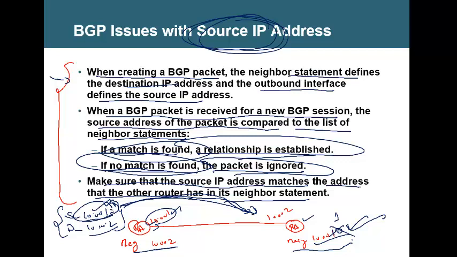So, when router B receives this packet for a new BGP session, the source address of the packet is compared with the list of neighbor statements. If a match is found, the relationship is established. If a match is not found, the packet is ignored. So make sure the source address of the incoming packet matches router B's neighbor statement. Any question?